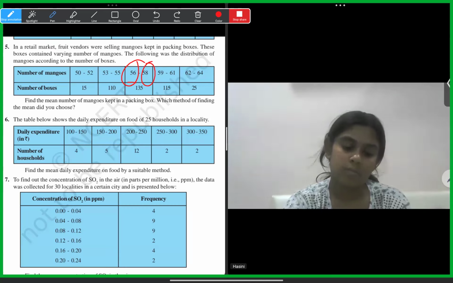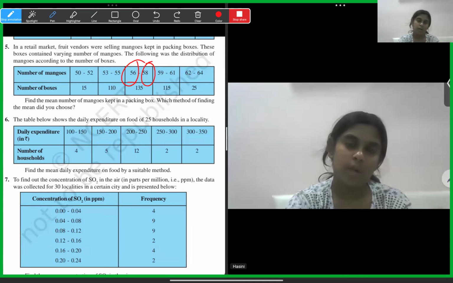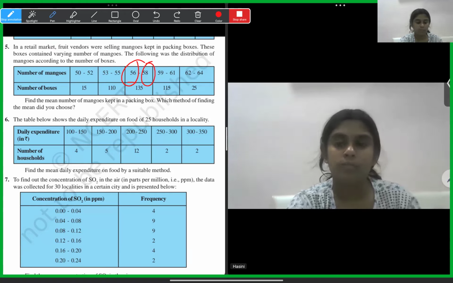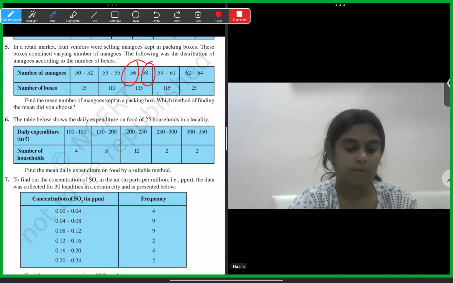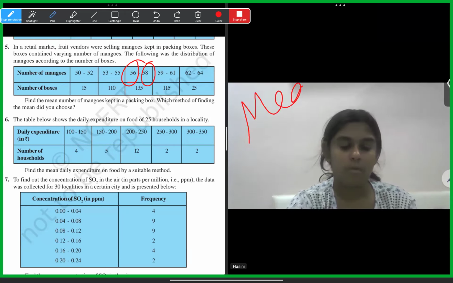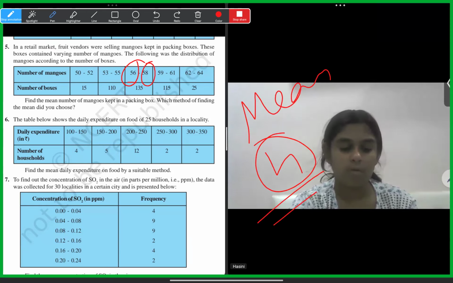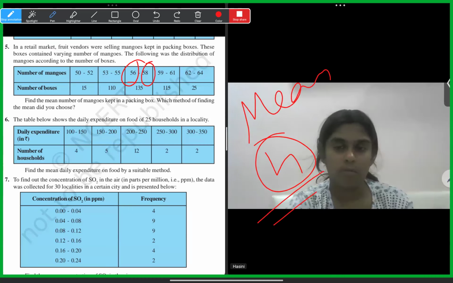If the class size is different, they'll be confused which value to take, so teachers will simply ask you to go for the assumed mean method. Even if h is not the class size, if you take any value as per your wish, we should still get the same answer.